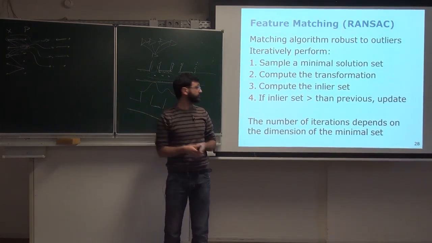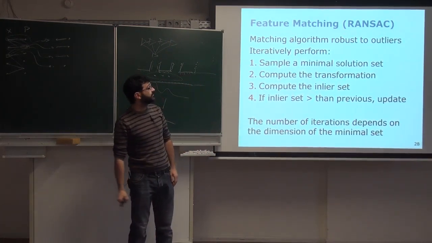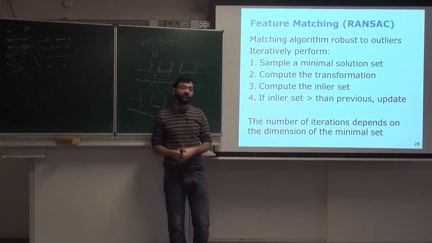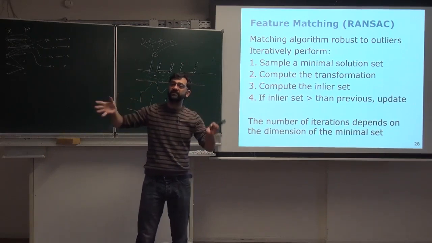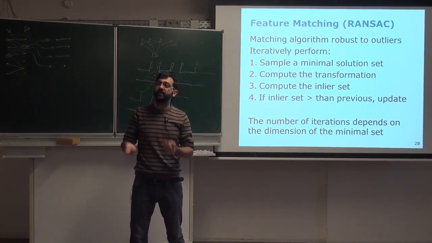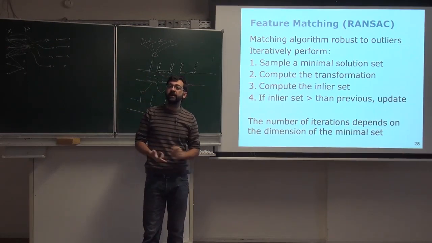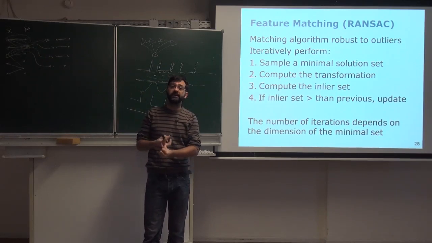And you repeat. Now, the interesting thing of RANSAC, if you just look at it in this way, it's like, okay, I'm just randomly selecting a transformation and I'm trying to find which is the best one. But when do I stop, for instance? How many iterations do I need? How am I sure that I found something which is reasonable?